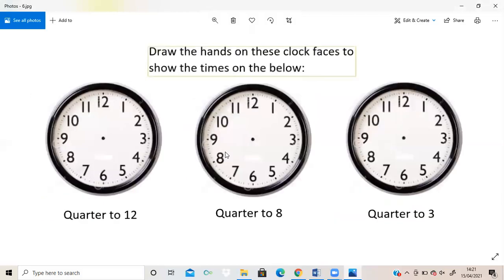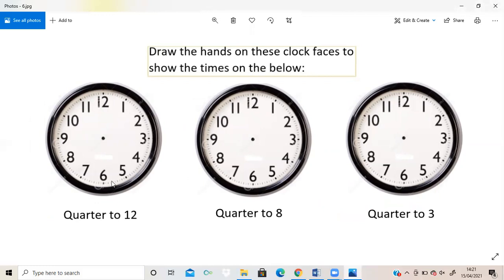As usual, I always give you drawing the hour and minute hand for a particular time. So this time the same. Draw the hands on this clock face to show the times below.